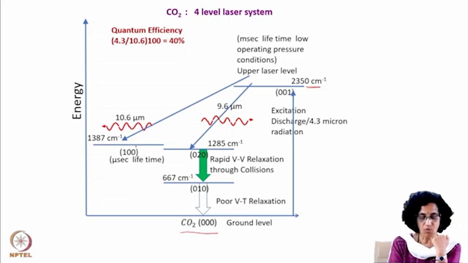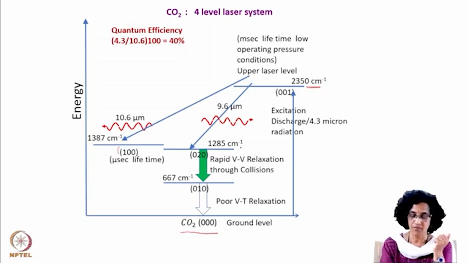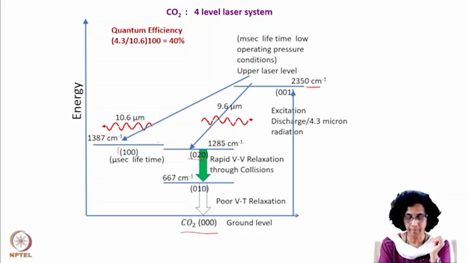You have 1, 0, 0, which is one quantum of symmetric stretch mode. This is the lower laser level. We have one more lower laser level, that is 0, 2, 0. I will explain why we have this. And then 0, 1, 0 and the 0, 0, 0.